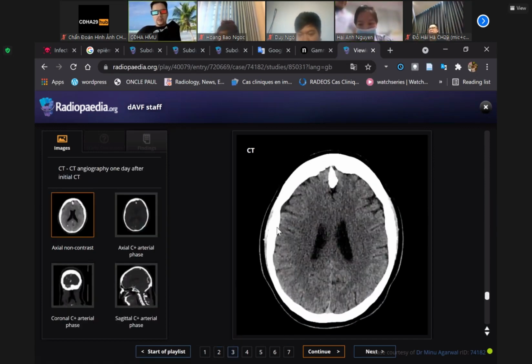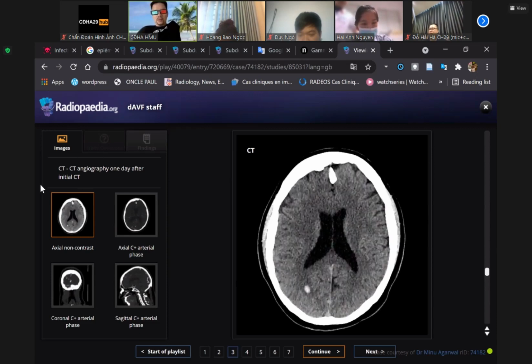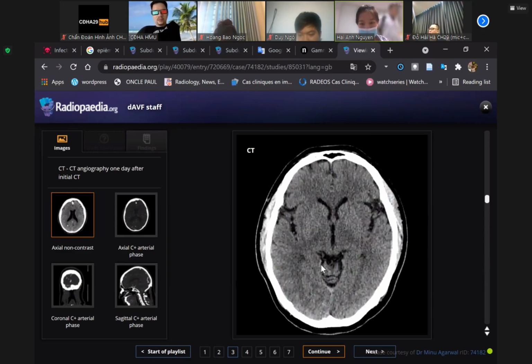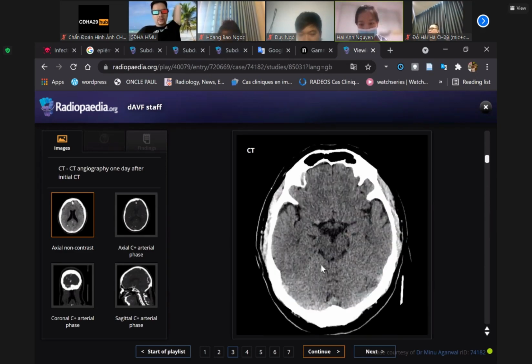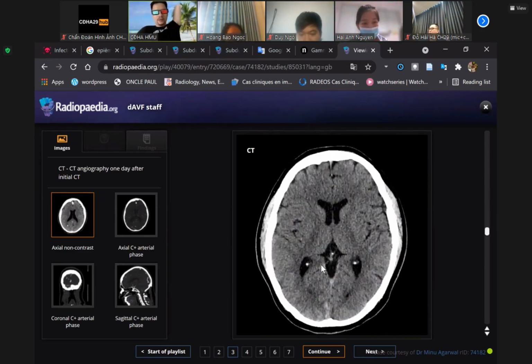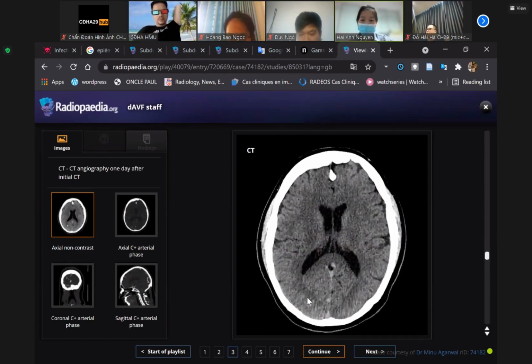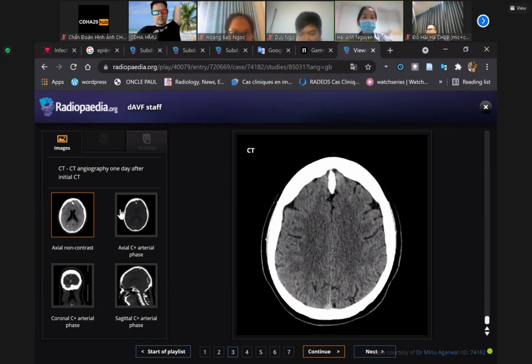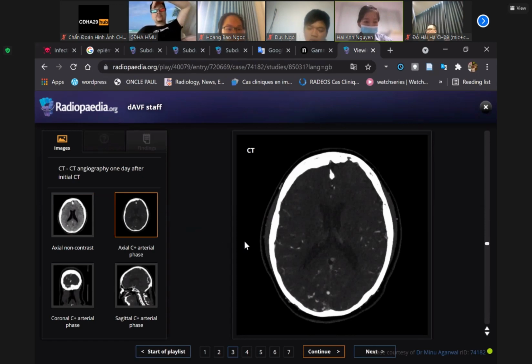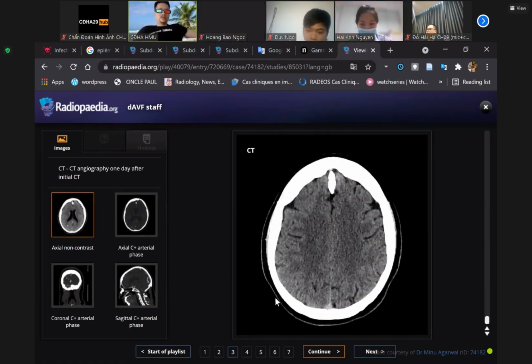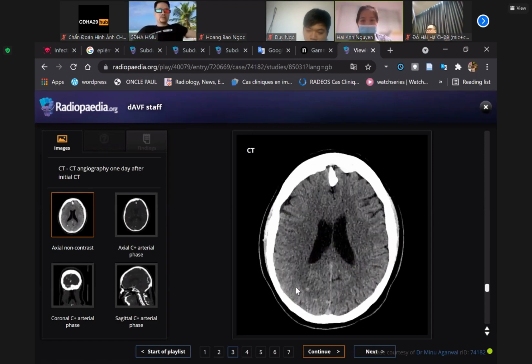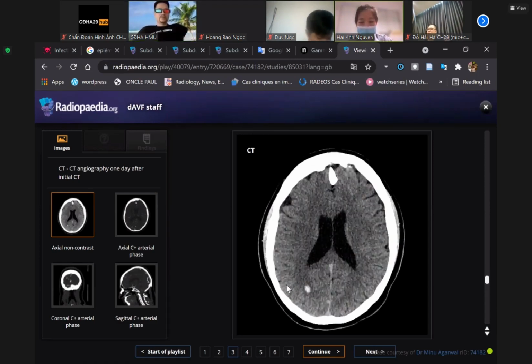Now take a look at the CT scan on the follow-up after 1 day. There is a hemorrhage, still intraparenchymal, next to the abnormal dilated structure, a dilated vessel.